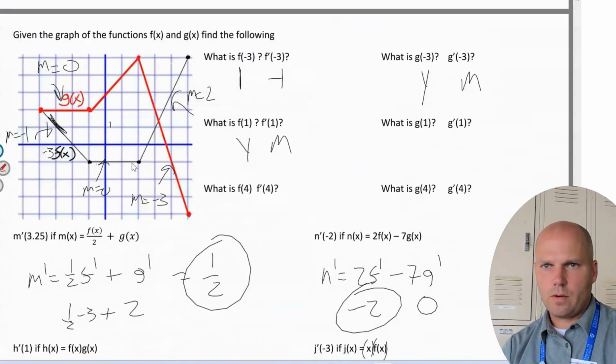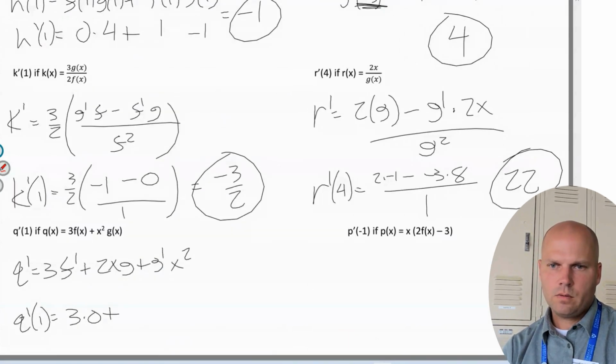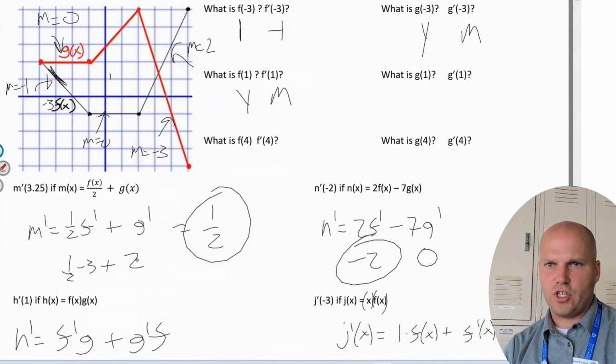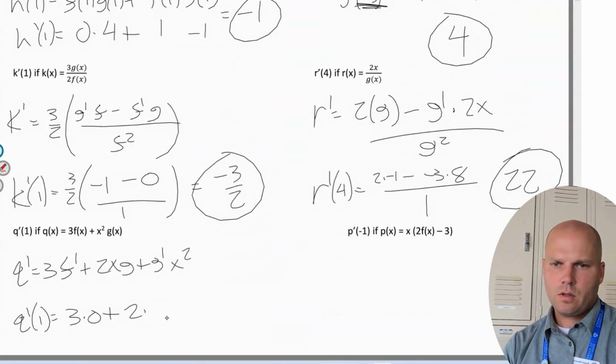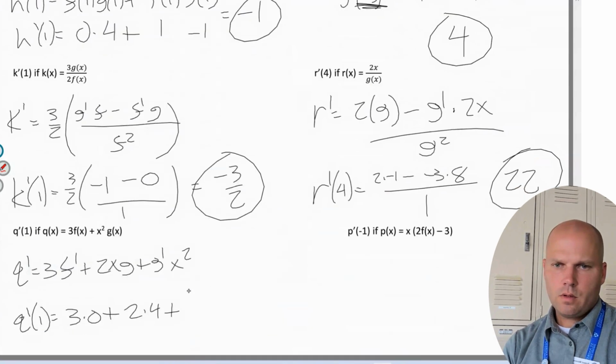F slopes at 1, 0. 2 times 1 times g of 1. G of 1 is 1, 2, 3, 4. G slope is 1. I don't like how I use that. 9.